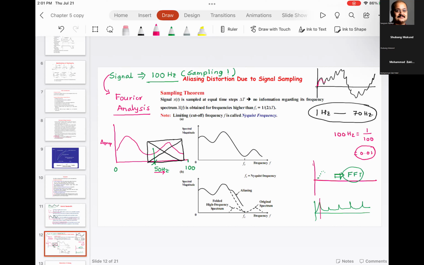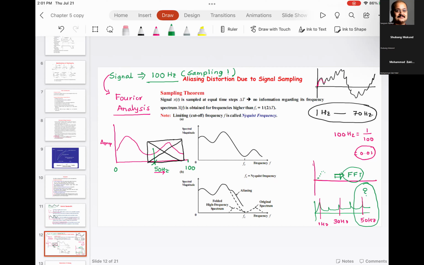So you say, hey, good, I have a signal at 1 hertz, I have a signal at 30 hertz. And then if you say, hey, I have a signal at 50 hertz, you have to question this outcome. Because you are not accurately capturing the frequency content of the signal, because of the fold over of the frequencies beyond 50 hertz.